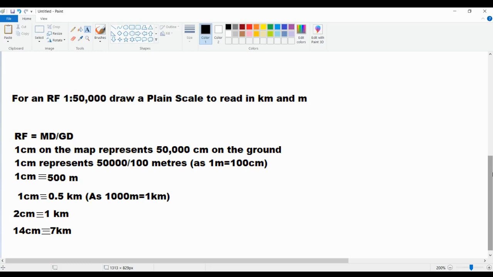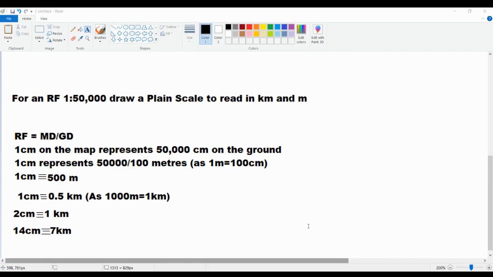As you begin with the construction, there are a few things which you must keep in mind. Number one, whenever you're constructing a graphic scale, as I've told you earlier, the length of the scale is very important. It shouldn't be too small and it shouldn't be too large. Too large or too small is with reference to the size of the paper which you're using. So it means that the scale which you are constructing shouldn't be so small that it looks minuscule on the paper, nor should it be so large that it becomes difficult for you to draw it.